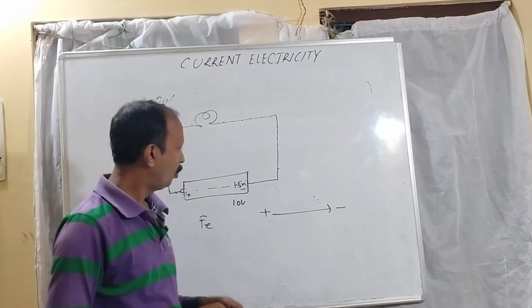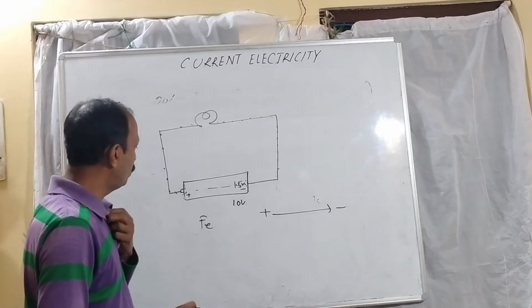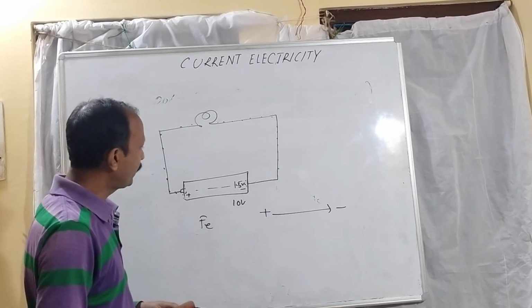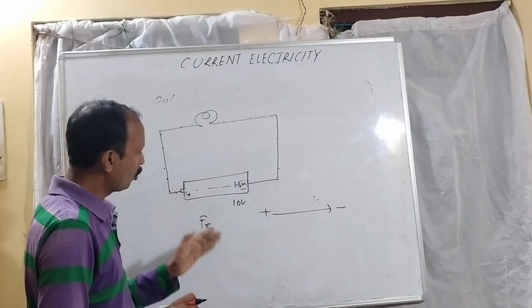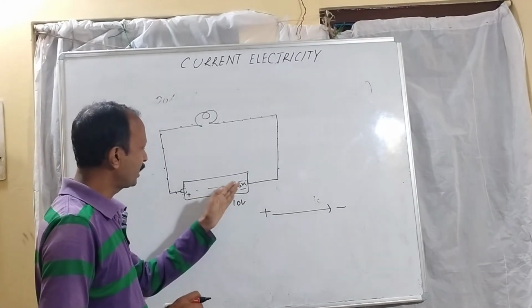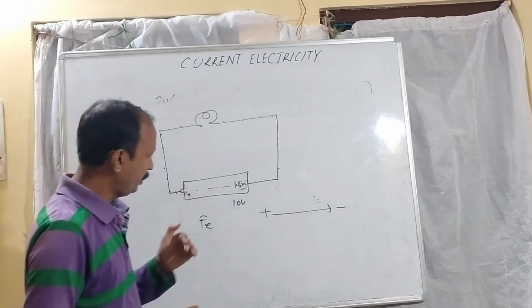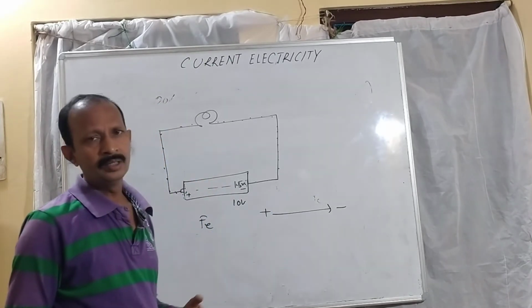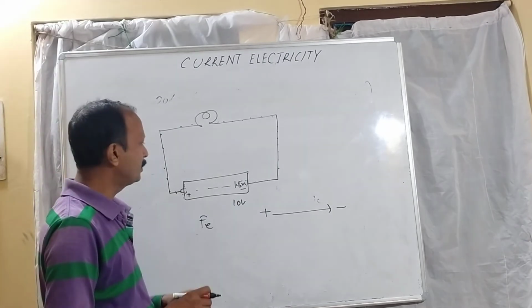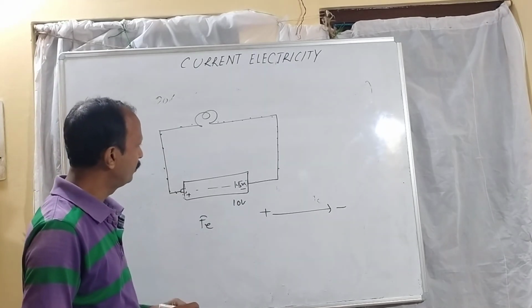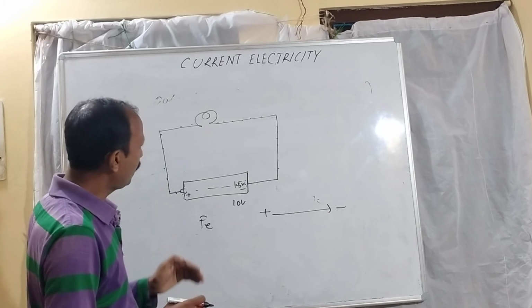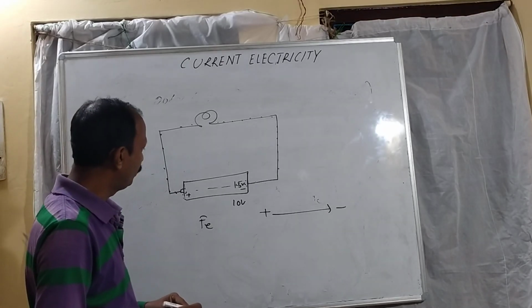So, children, I hope you have understood how a battery does work. More about the chemical reaction, the reduction reaction that takes place inside, will be clearer in higher classes. What I said is enough from the 10th class point of view.